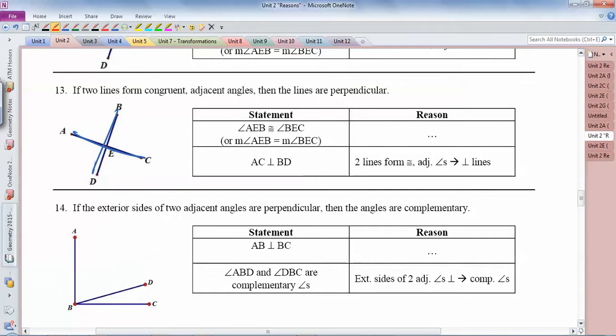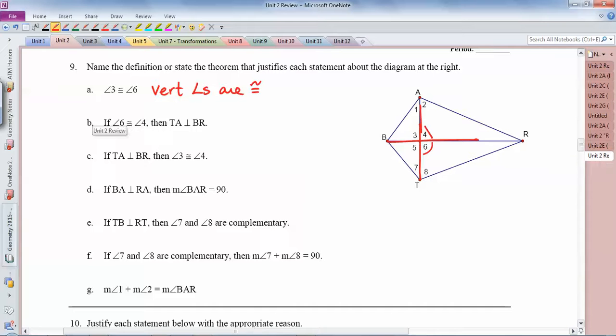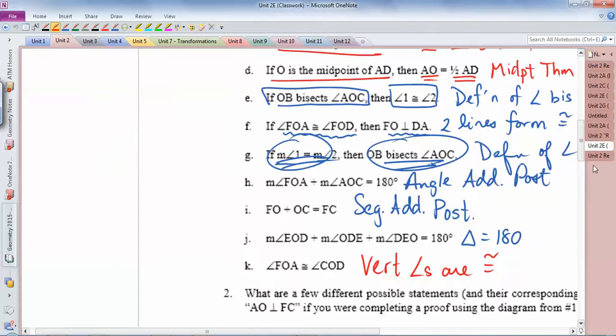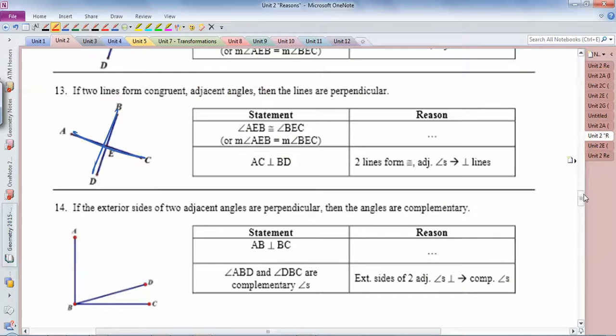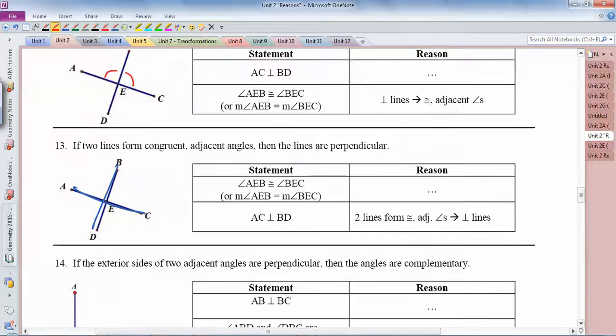So let's see. This one started out with if congruent, then perpendicular. Here's one that says if congruent, then perpendicular. And it says 2 lines that form congruent adjacent angles give you perpendicular lines.